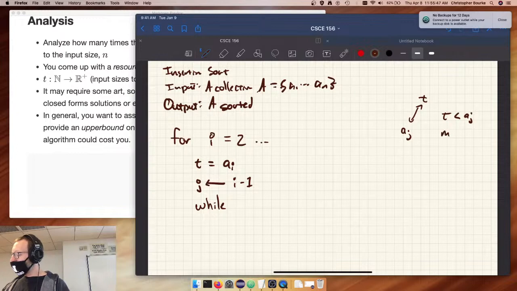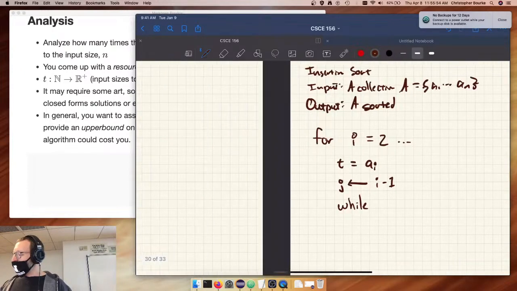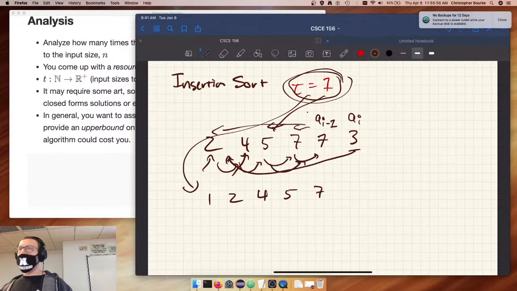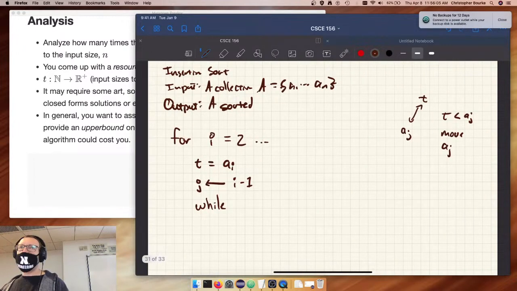So move a sub j to where? Remember, we're not moving things down. We're moving it to the right. I would consider this down and this up, just because it's left to right, but let's go with left and right instead. To the right. And where is that going to be? If I move a sub j to a sub j plus 1.